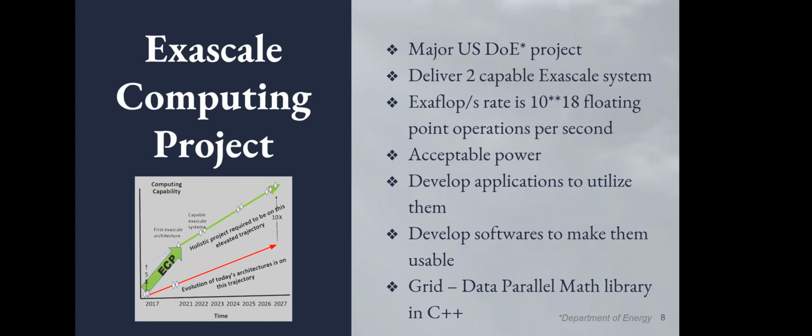It is a big part of the Exascale initiative. I, for one, am working on one such library, the Grid library, where we are trying to automatically offload suitable kernels to the GPU using OpenMP.